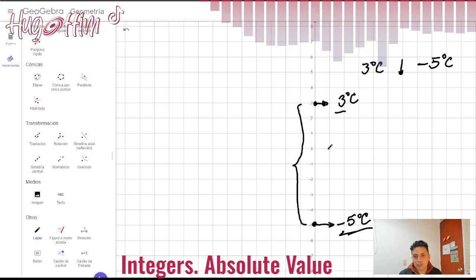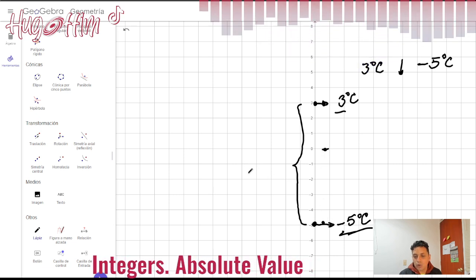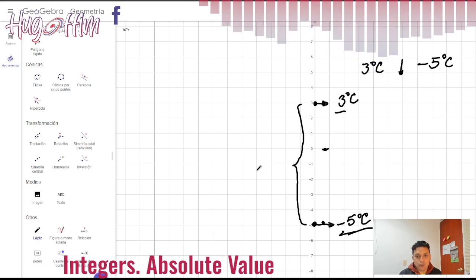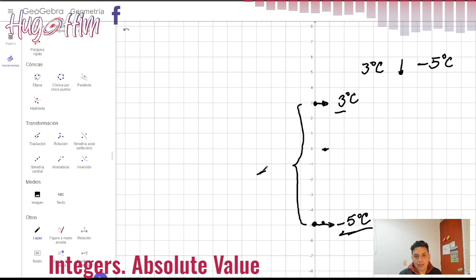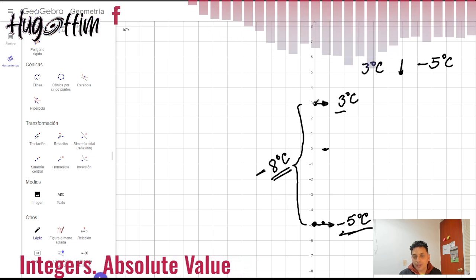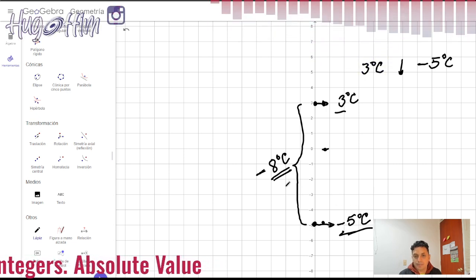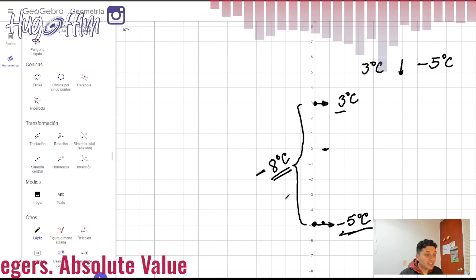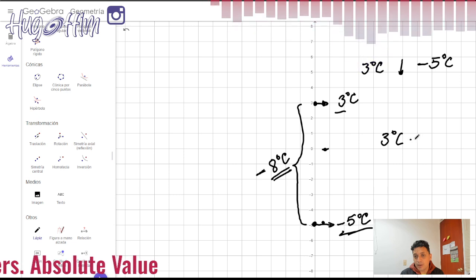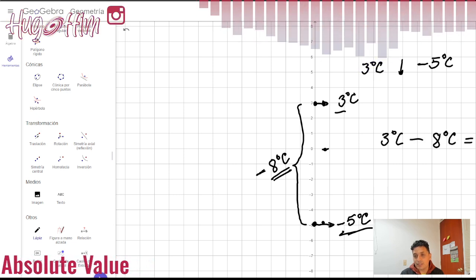And this interval is just the 3 centigrade degrees that are here and the 5 centigrade degrees that are here. So what I did is just to decrease my temperature by 8 centigrade degrees, right? Because I was here at 3 and I decreased 8 centigrade degrees to get to -5 centigrade degrees. So this idea in terms of expressions will be that 3 centigrade degrees minus 8 centigrade degrees is going to be -5 centigrade degrees.